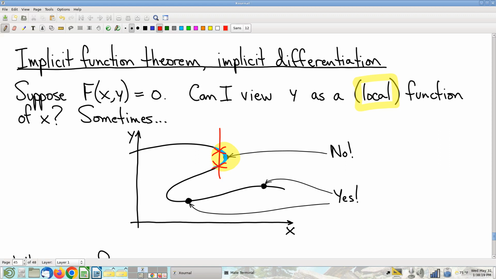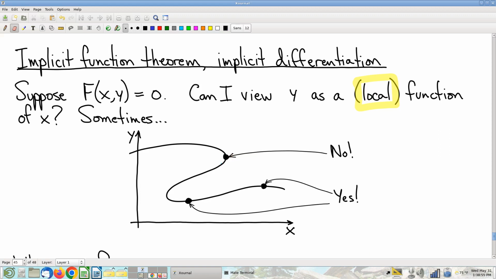So for this point, not only is y not a function of x, it's not even locally a function of x. Everybody see the problem? And I pose, it doesn't even matter how small you make your neighborhood, however small it is. To say it bluntly, at that point, the curve is in the process of wrapping under itself. And it doesn't matter how small you make the ball, it will have wrapped under itself at least a little bit, and you will fail the vertical line test.